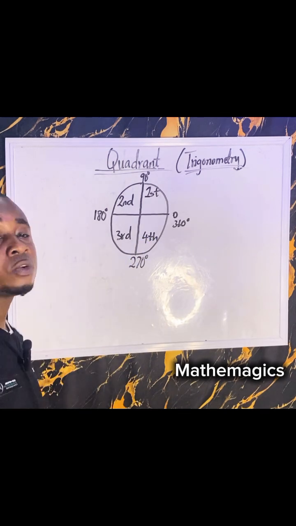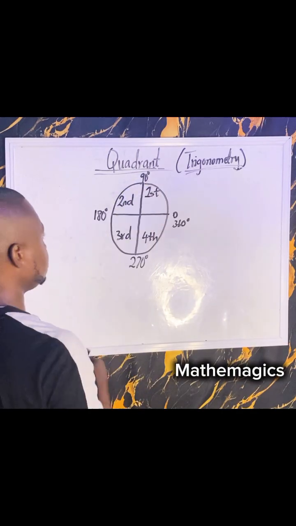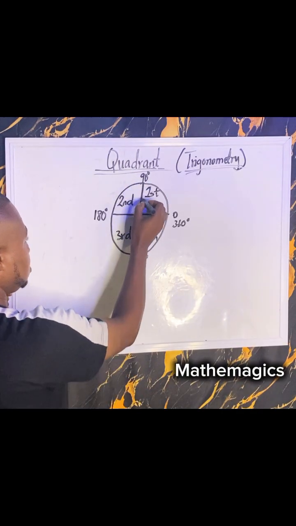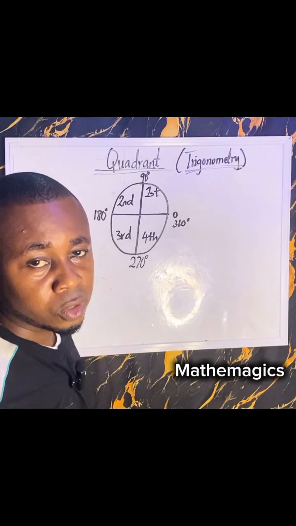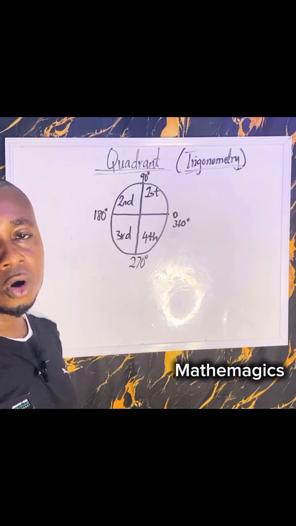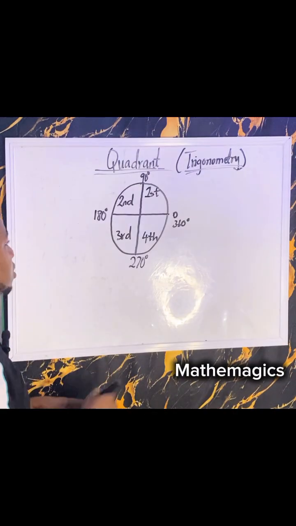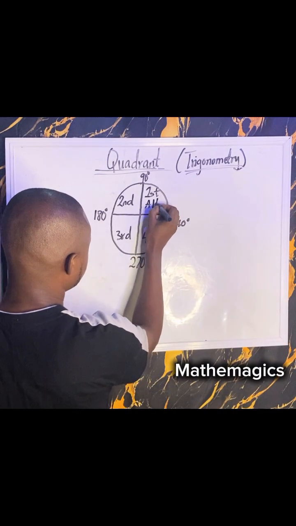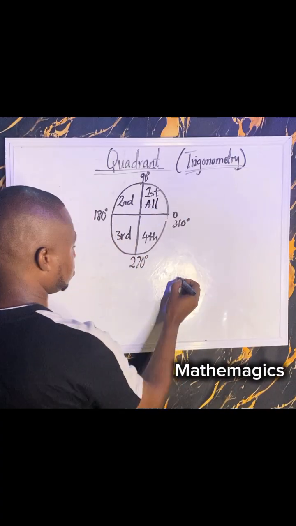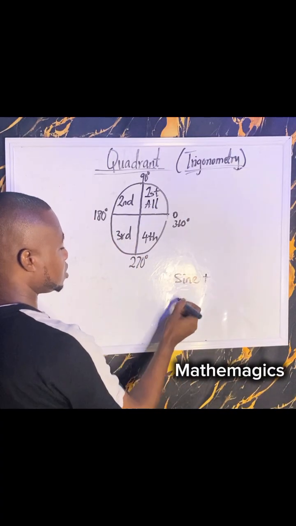It is quite obvious that the first quadrant is from 0 to 90 degrees. You can see that here, down here. So we can also deduce that all trigonometric functions are positive in the first quadrant. So all, that is, be it your sine, it's going to be positive.